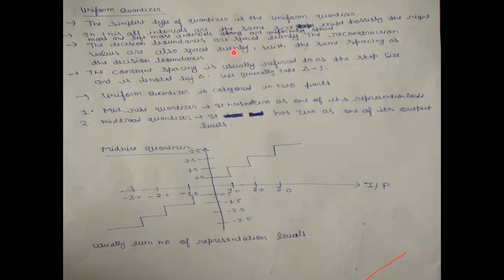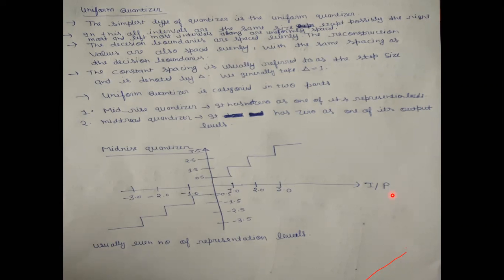So in the mid-rise quantizer, it does not have 0 as one of its representation levels. Means the decoder does not produce 0 as a reconstructed value.